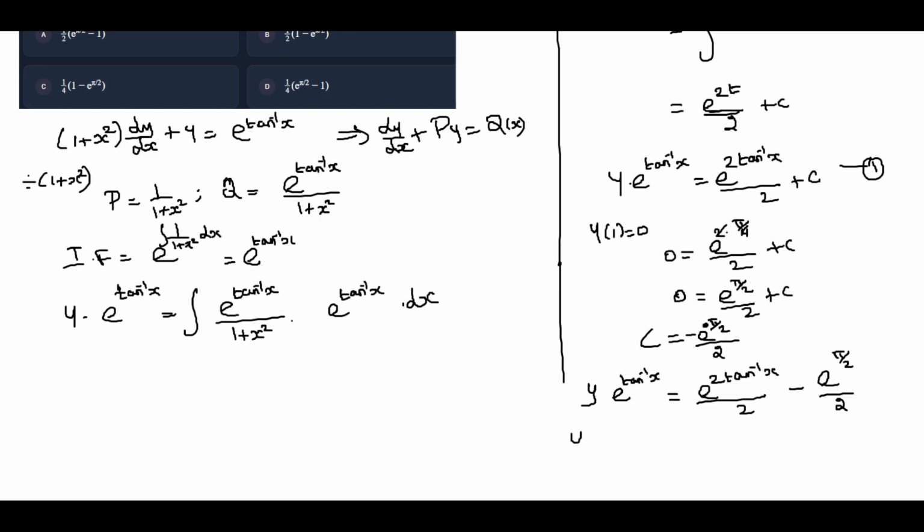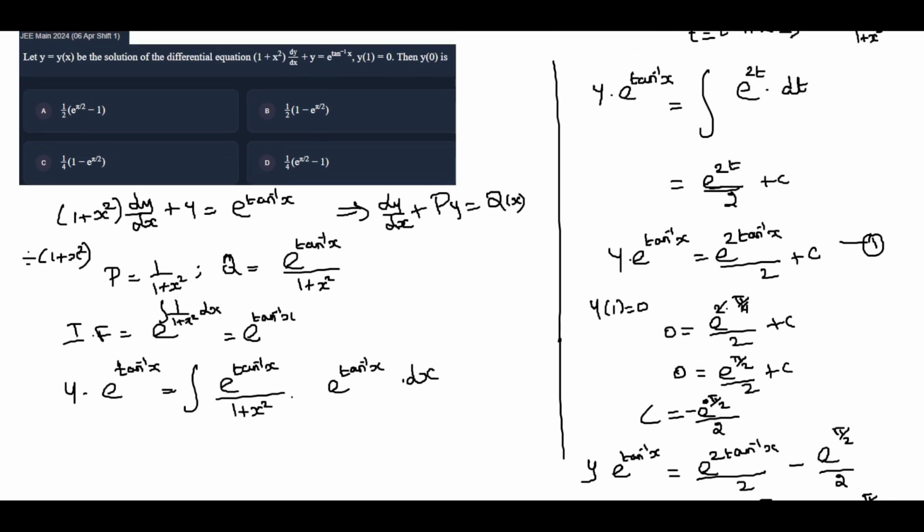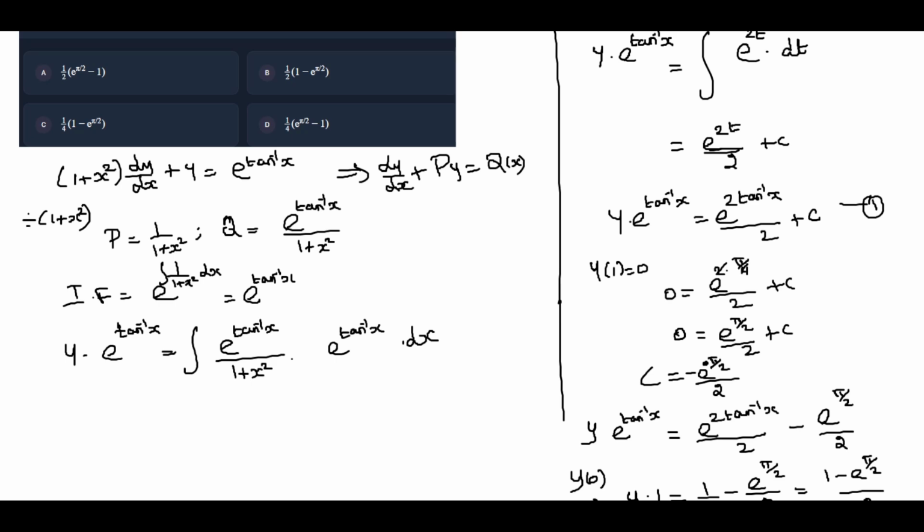Now I need y of 0. y of 0 means x value will be 0, which means y into 1 is equal to, tan inverse of 0 is 0, so 1 by 2 minus e power pi by 2 by 2. So y of 0 equal to 1 by 2 times 1 minus e power pi by 2. So option B.